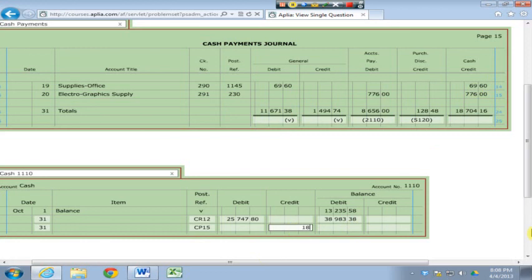So we spent $18,704.16. So how much money do we have? We have a debit and a credit. We're going to subtract. Hopefully our debit's bigger than our credit, or we have a problem. And when we subtract, we are left with $20,279.22. To show we posted that one, we'll put in our account number.